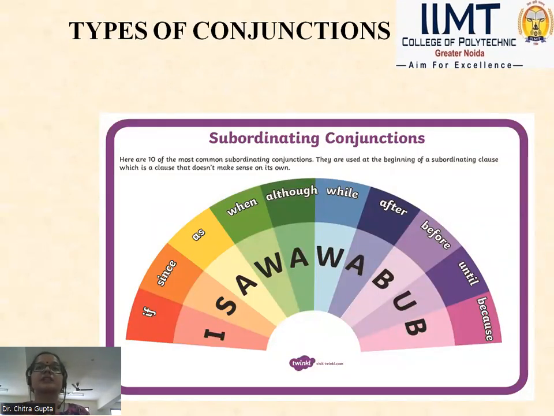Basically, there are 10 common subordinating conjunctions that are used in day-to-day conversation: if, since, as, when, although, while, after, before, until, because. I'll discuss all the subordinating conjunctions one by one.